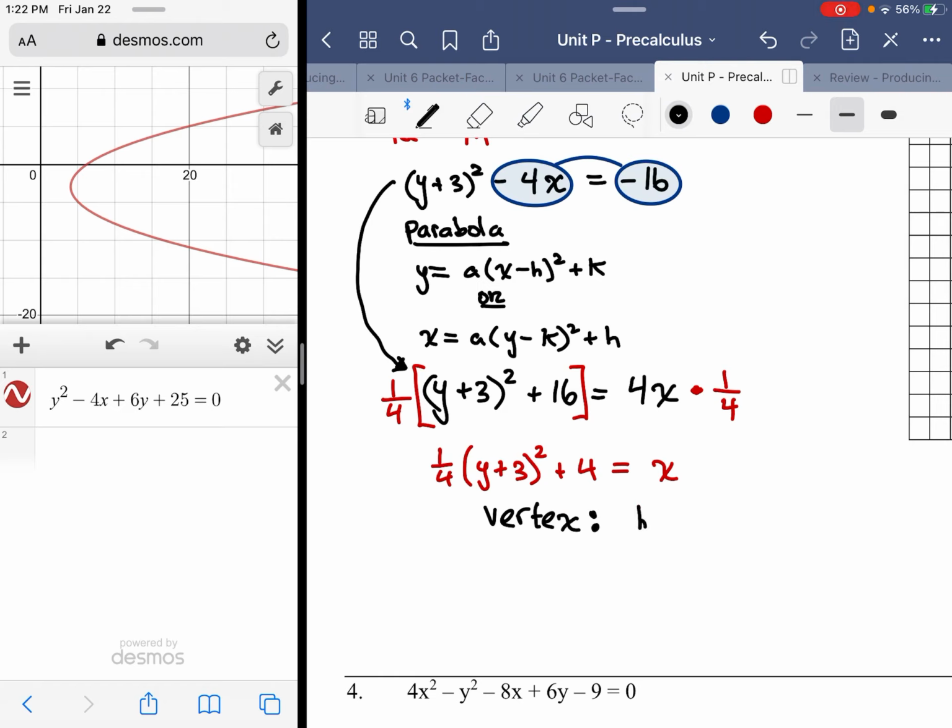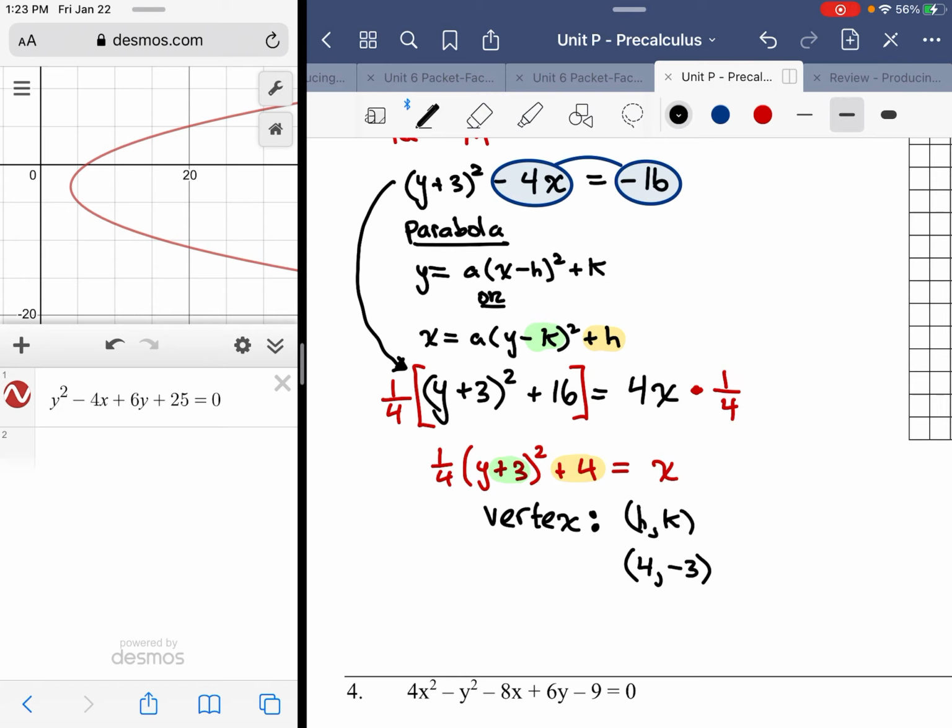All right, so from here I can pull out my vertex. The vertex is the h and k value, so h comma k. Based off the model, my k value is contained within the parentheses, and my h value is beyond the parentheses. So we're looking at 4 comma negative 3.